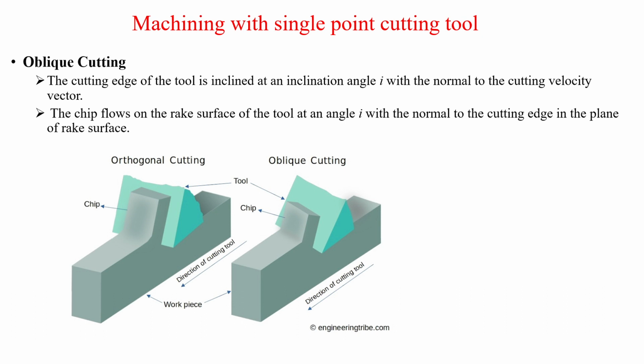On the normal plane we have the normal rake angle and normal clearance angle. But does the chip flow in this plane only, or is there some other plane where the effective chip flow happens? So we will see today at what plane, or what is the actual angle to be considered while calculating the true rake angle.